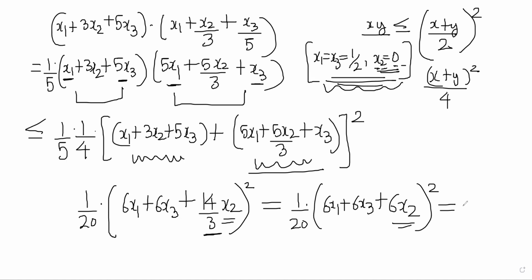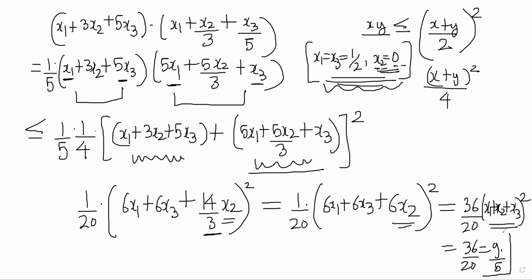And we'll say this will be equal to 36/20 (x1 + x2 + x3) whole square. In that case, x1 + x2 + x3 is 1. So this will be 36/20 or 9/5.